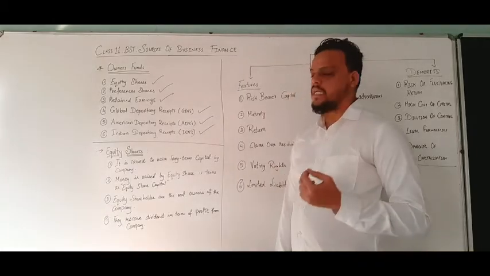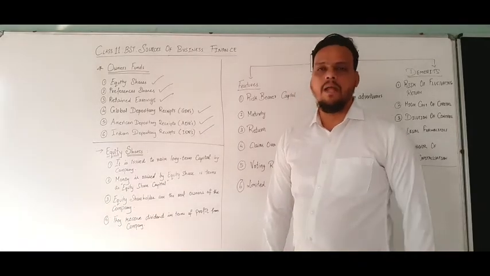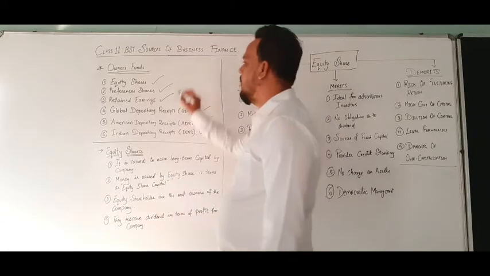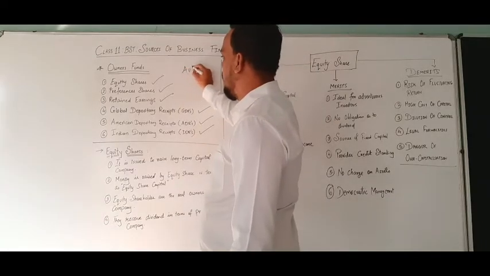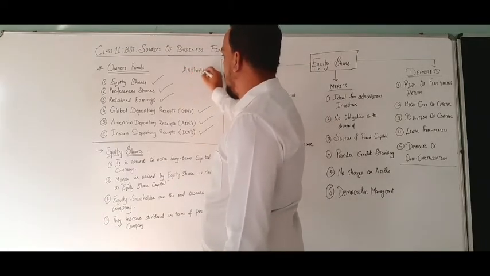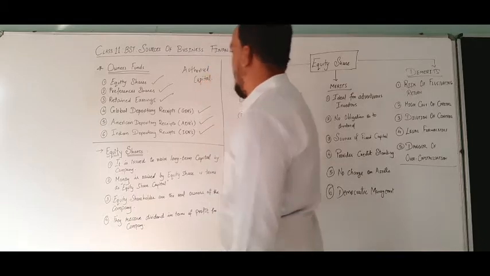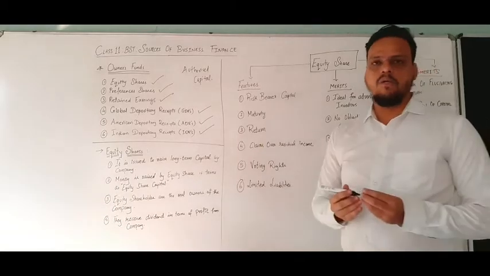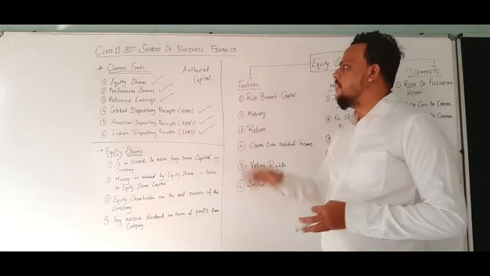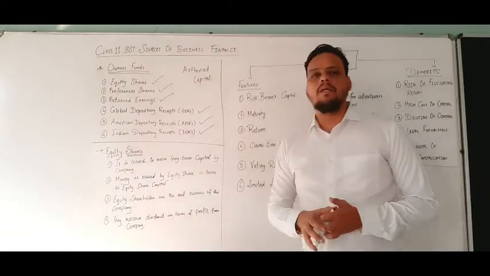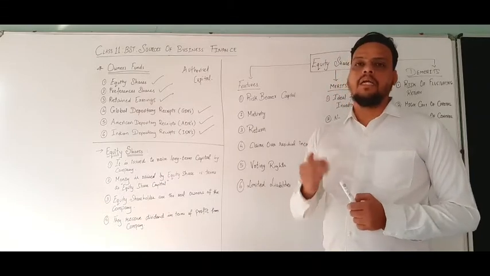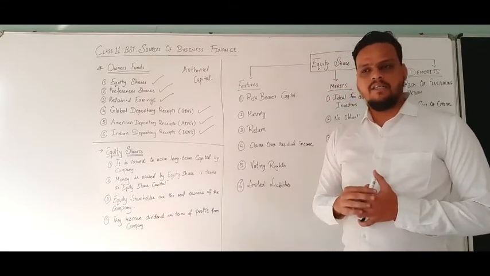But how much amount can they issue through equity shares? As you are already aware about authorized capital, as I have given you notes on this, and I have explained that authorized capital is fixed at the beginning of the organization.